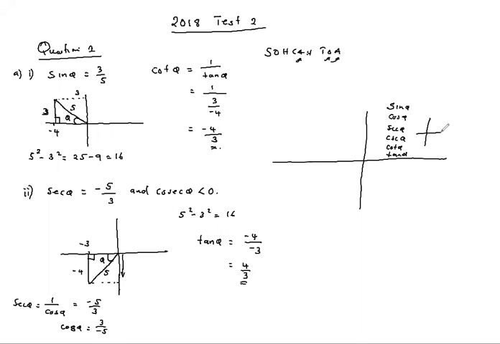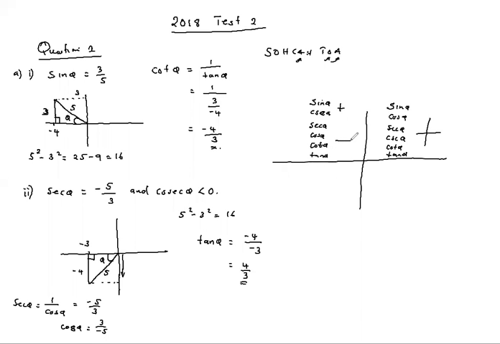In the second quadrant, we only have sine and cosec to be positive. The other 4 are negatives, meaning sec, cos, cot, and tan.